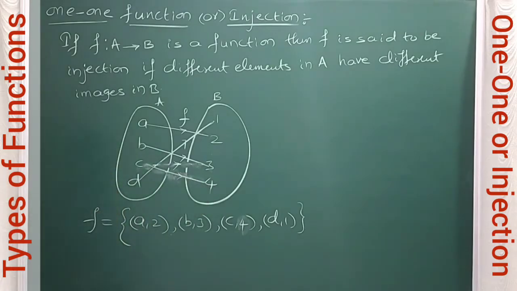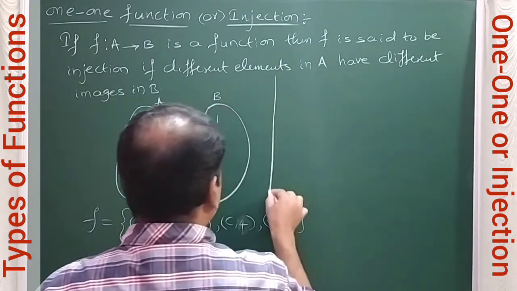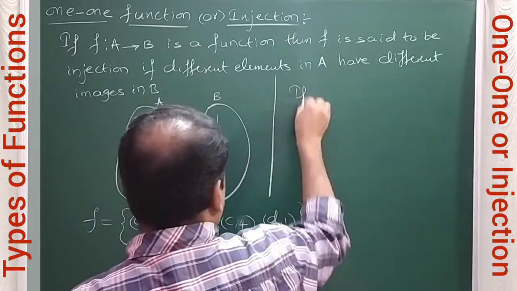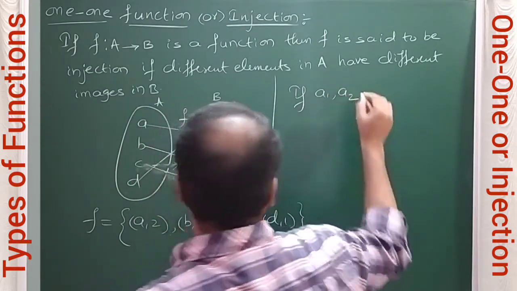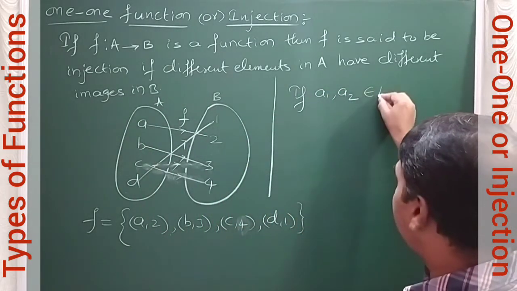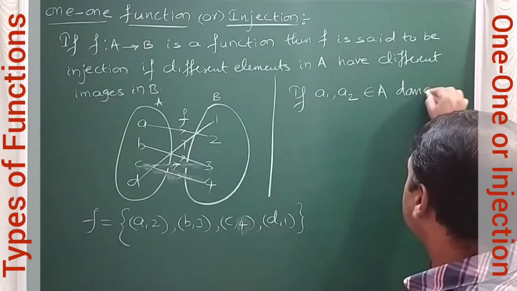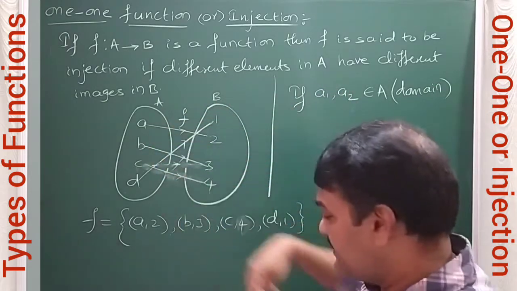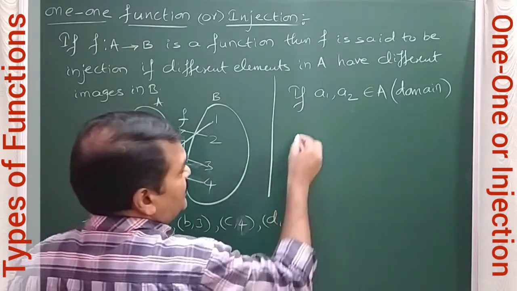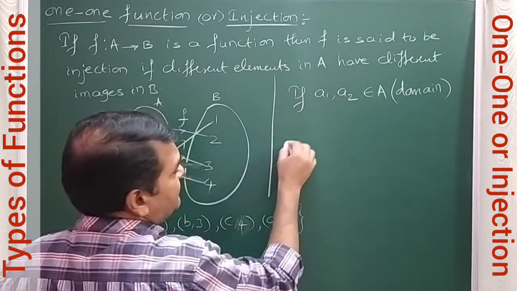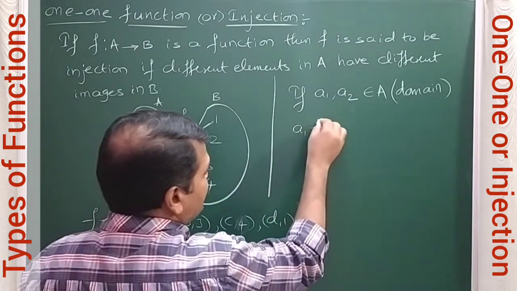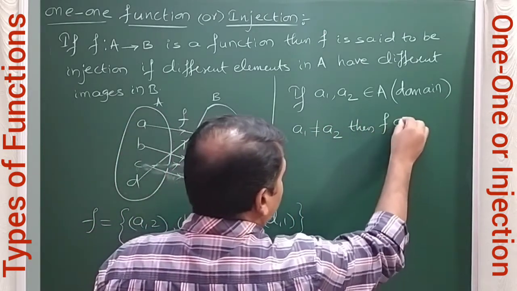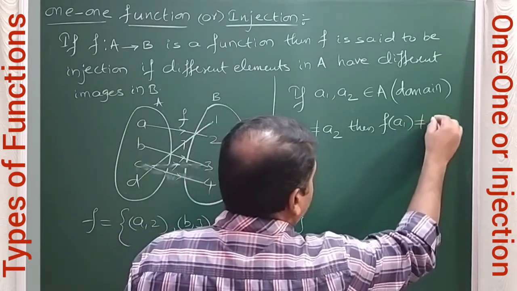Okay, next. Theoretically, you have to write the condition of one-one like this. If I take A1, A2 belonging to set A, the domain, and A1 is not equal to A2, then their images also must be different.